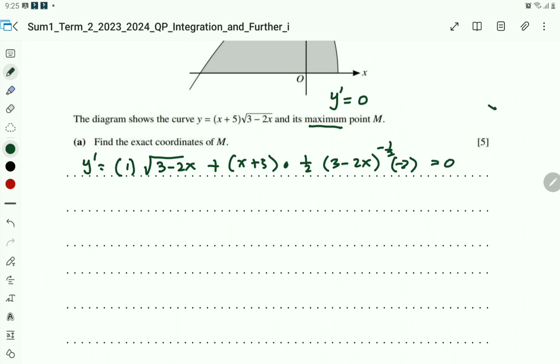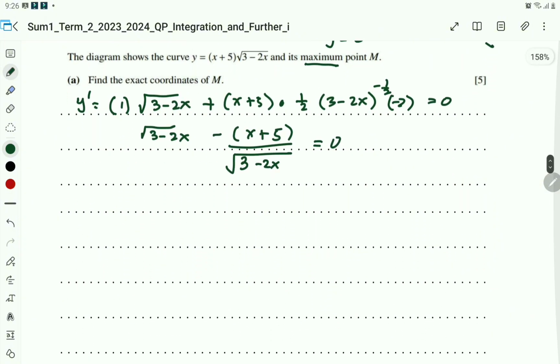Let us simplify this first. This is going to be equal to the square root of 3 minus 2x, minus x plus 5 all over the square root of 3 minus 2x, and that is equal to 0.